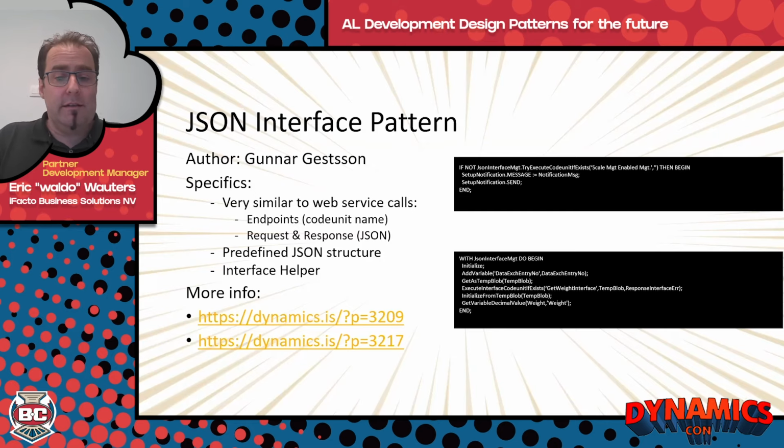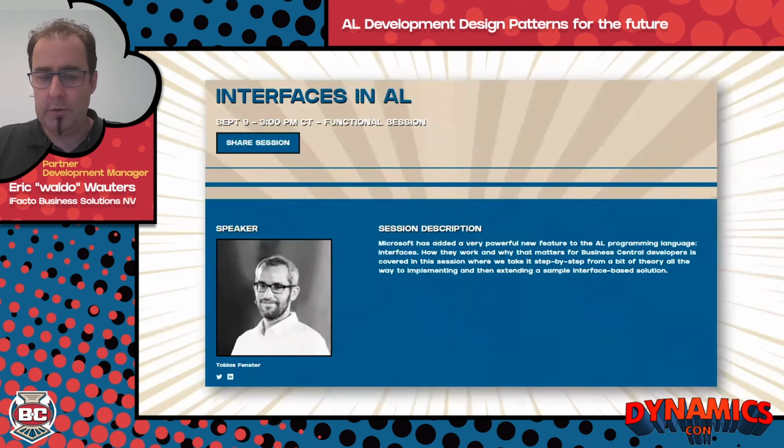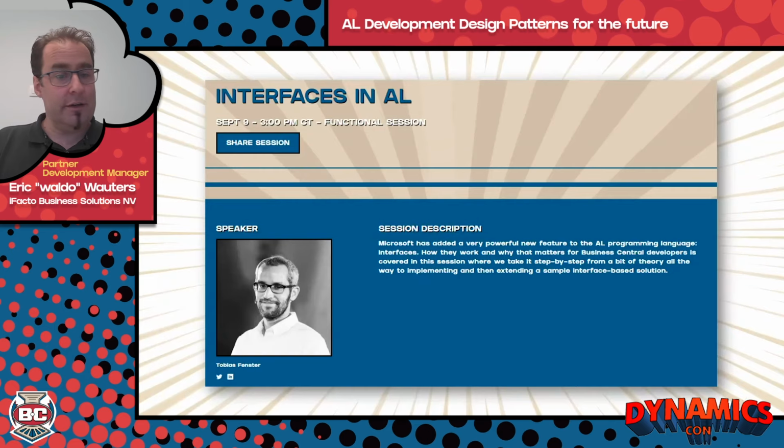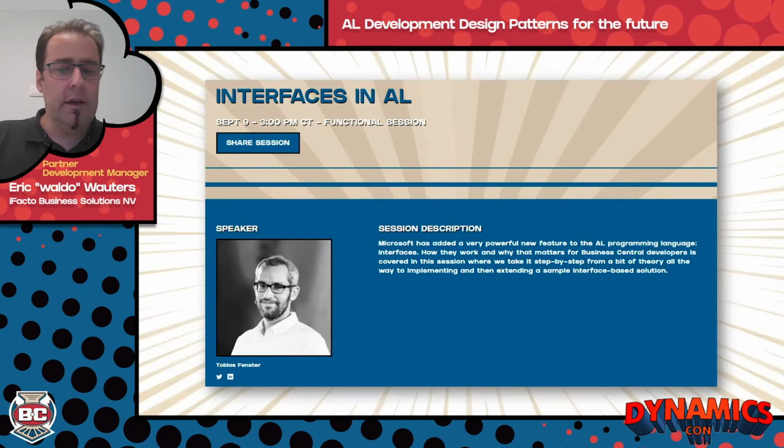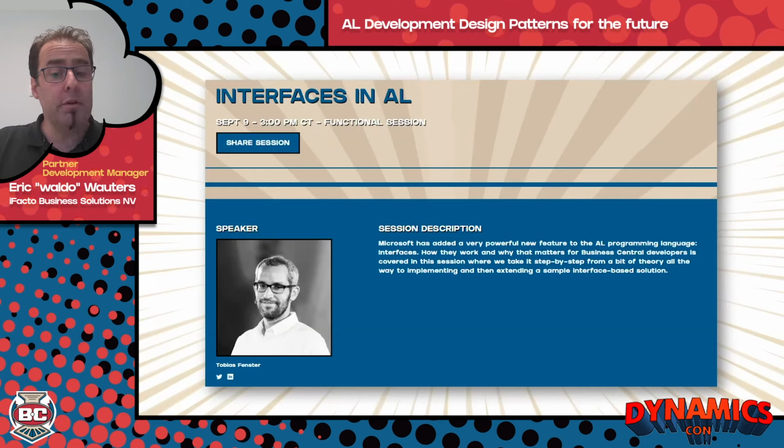Now, as said, I do not want to spend too much time on interface patterns, but I do want to suggest you listen to yet another speaker. There is going to be an entire session on interfaces, and I do believe that this new way of using interfaces within Business Central will replace both patterns.